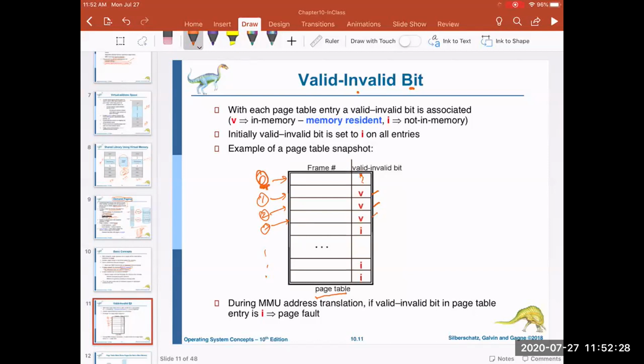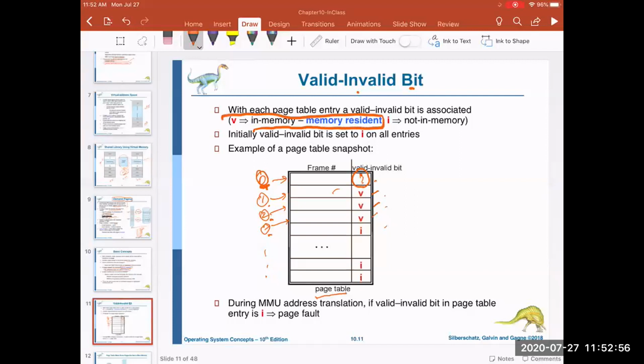So page 0 is invalid, page 1 is valid, page 2 is valid, and page 3 is valid. Here we will have the addresses, so frame addresses refer to memory addresses. This is very clear; this is what we have discussed. Now, what is the new meaning of invalid here? Valid, we know, means it is in memory and memory resident.